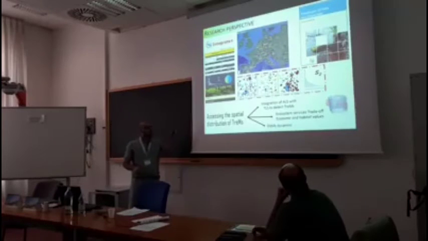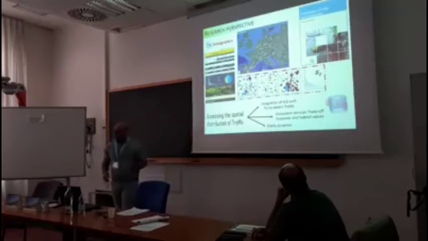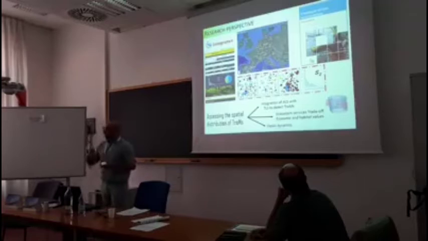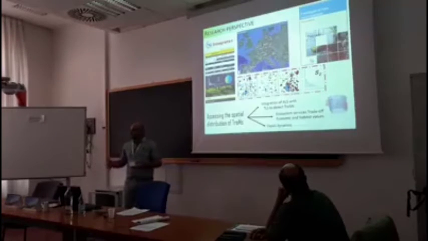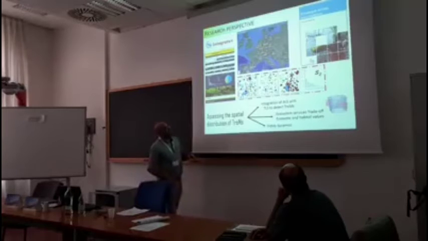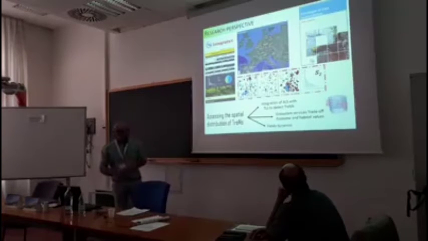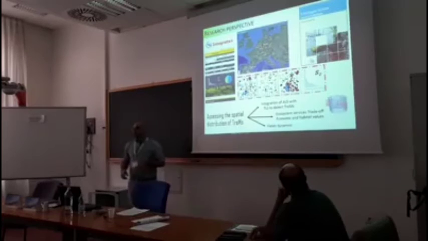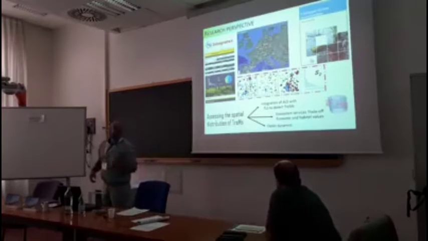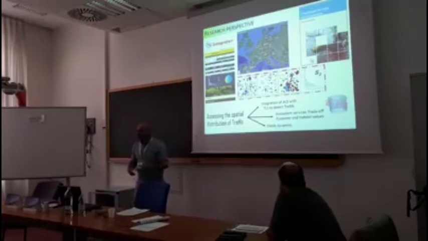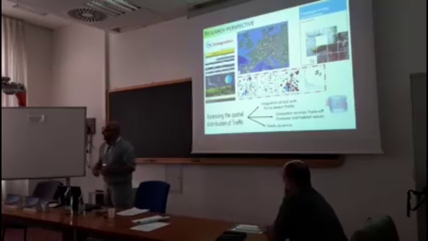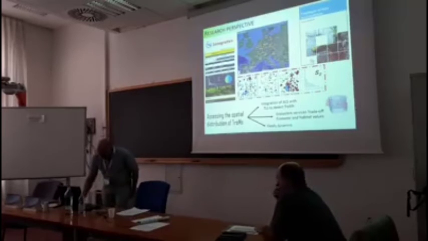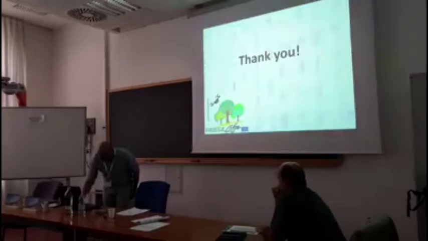The main aim of this work was to assess the economic and habitat value of each tree. And for future perspective, we want to assess the spatial distribution of microhabitats and of tree habitats in order to improve the evaluation of the habitat quality, habitat value. So, thank you.